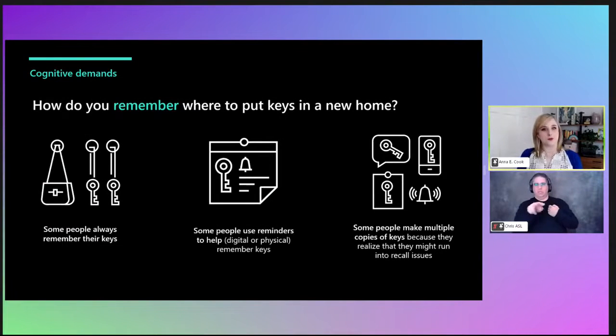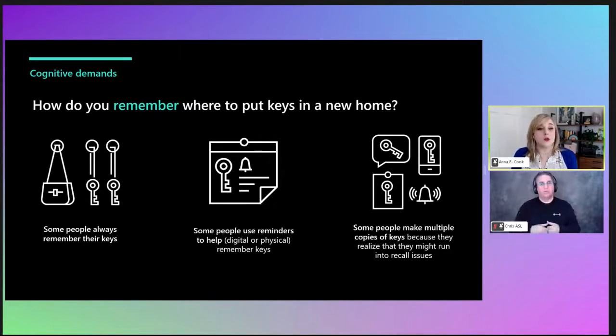So for example, how might someone remember where to put keys in a new home? Some people might always remember where their keys are and place them in a consistent location. Some people may use reminders to help them remember where their keys are, either through physical reminders, say a sticky note, or digital reminders like a reminder on a smartphone.